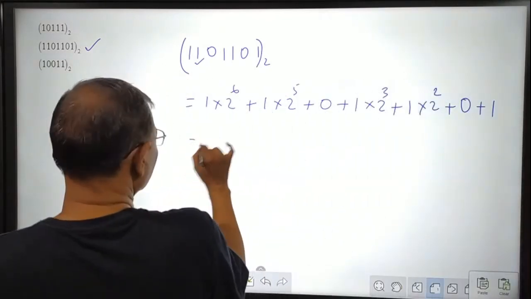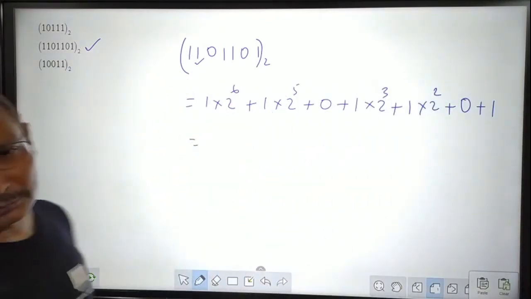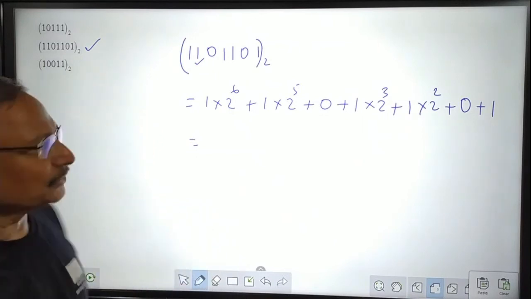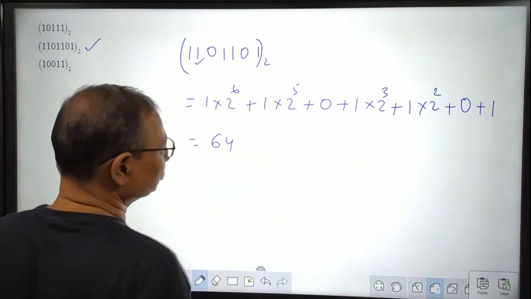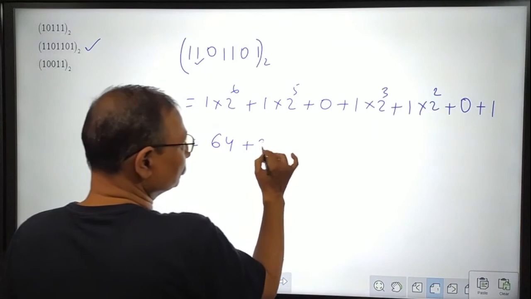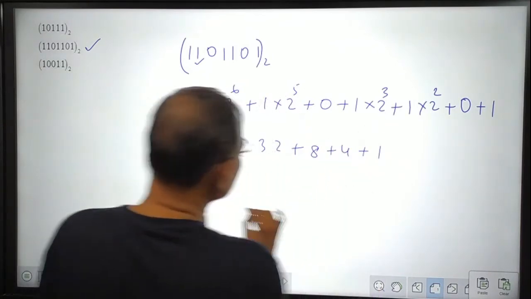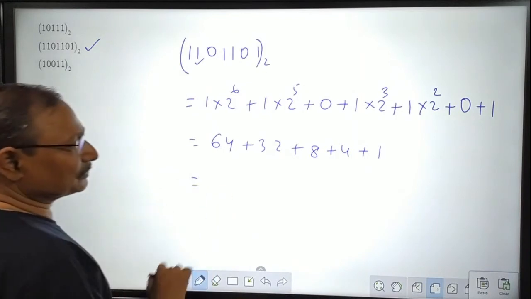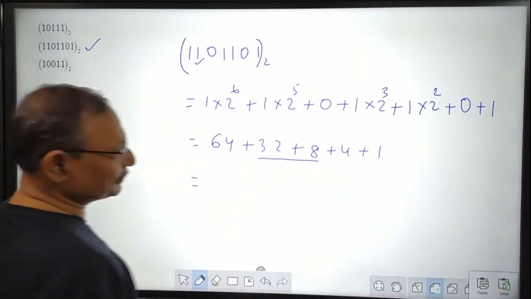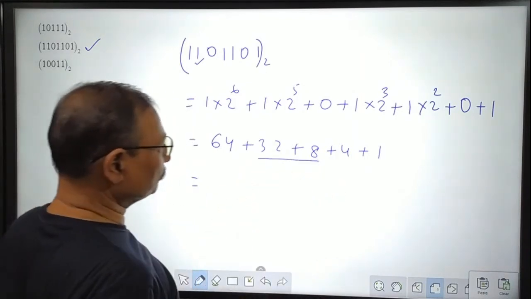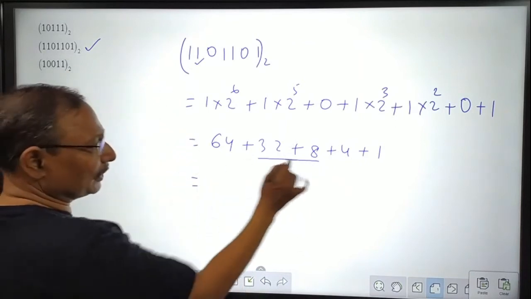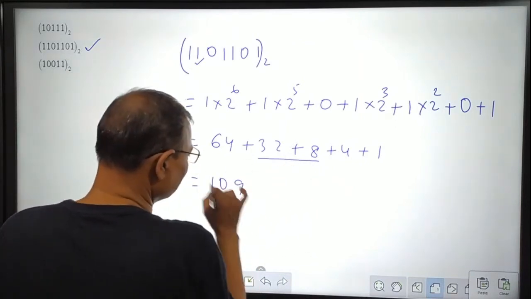So the result of this one is 2 to the 4, 4 to the 8, 16, 32, 64. So it will be 64. And this will be 32. This will be 8 plus 4 plus 1, and this is the answer of this question. 64 plus 32 plus 8 is equal to 40, 104, 108, 109. So the answer is 109.